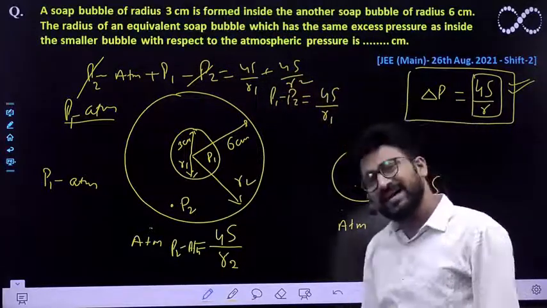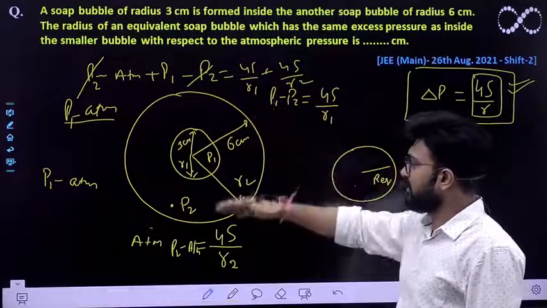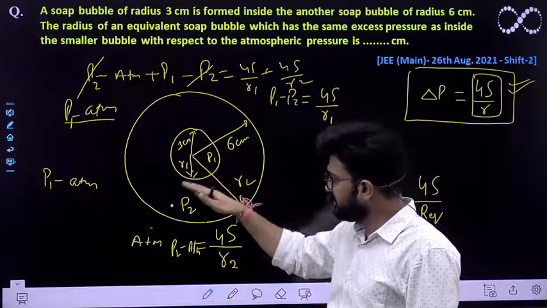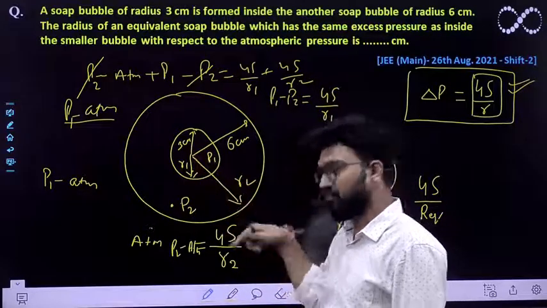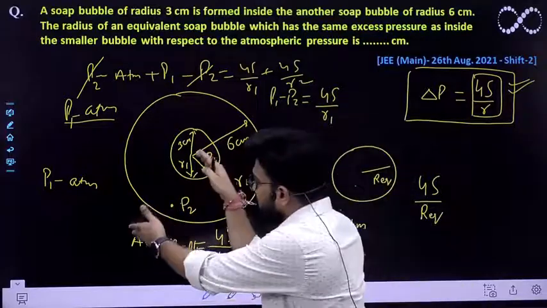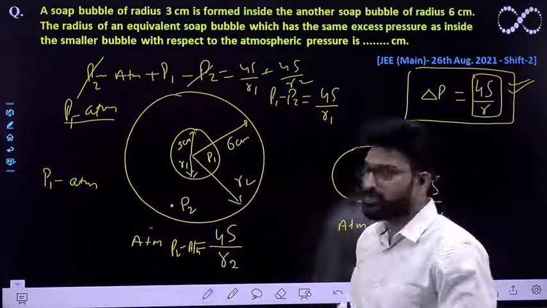You can directly apply this formula because the excess pressure between the bigger bubble and the outside is 4S by R2, and the excess pressure between the two bubbles must be equal to 4S by R1. So the excess pressure with respect to outside must be equal to the addition of these two.